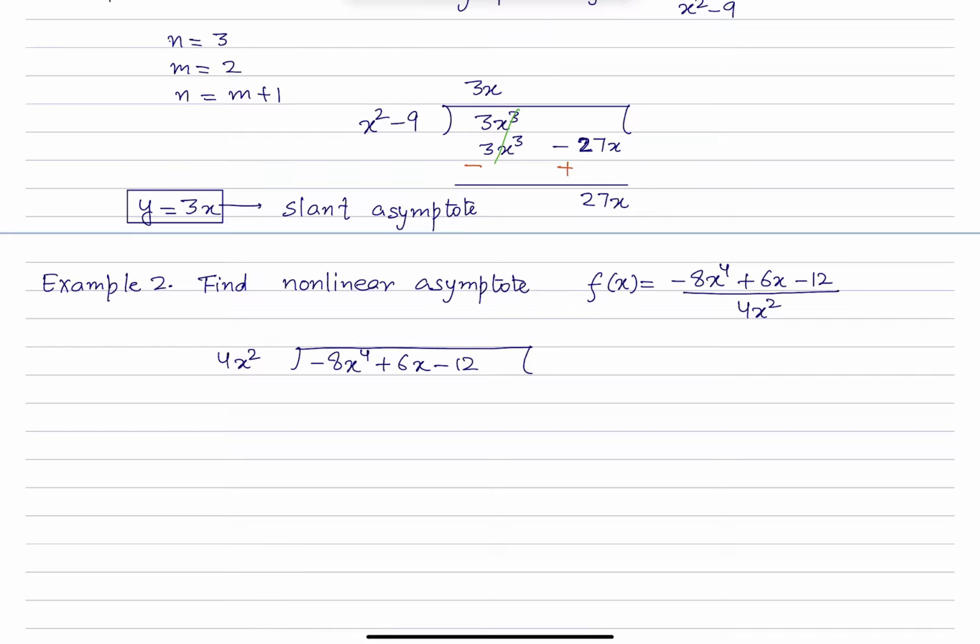which gives us, so the first step is to take the leading coefficient of your dividend divided by the leading coefficient of the divisor, that gives you negative 2x squared. Multiply negative 2x squared by your divisor, we get negative 8x to the power 4. Change the sign and add.